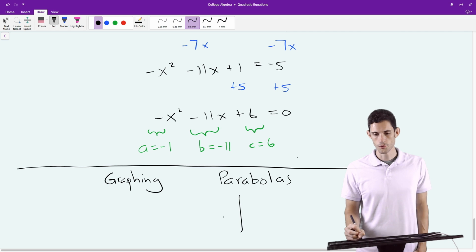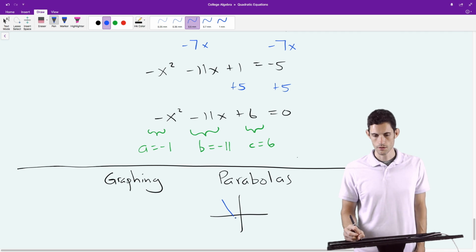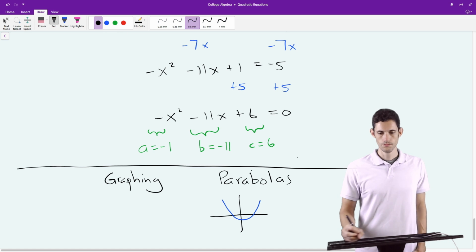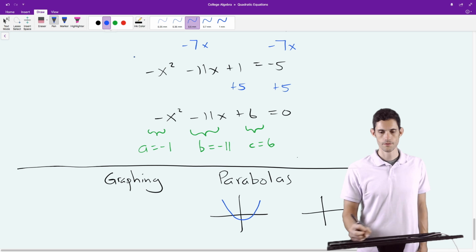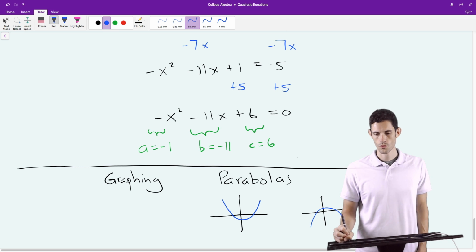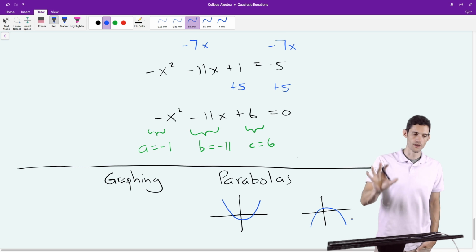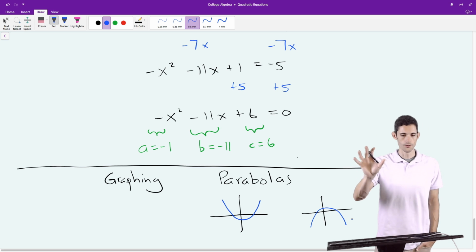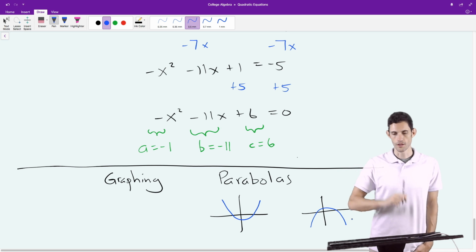And parabolas, like I drew for you a long time ago, either they look like this, or they look like this. Same thing, but upside down. And you could take that parabola and shift it up or down, left or right. There's not going to be any rotations, but it could flip upside down like I drew there.